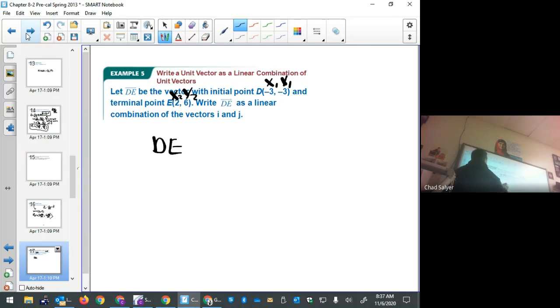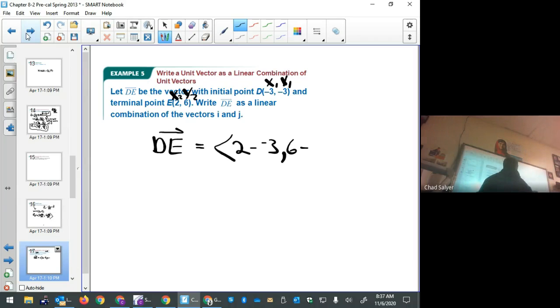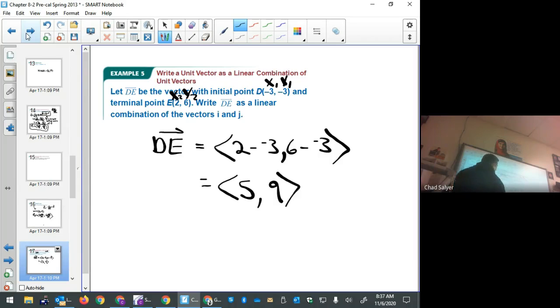So DE equals 2 minus a negative 3, comma, 6 minus a negative 3. So I could rewrite this as 5i plus 9j.